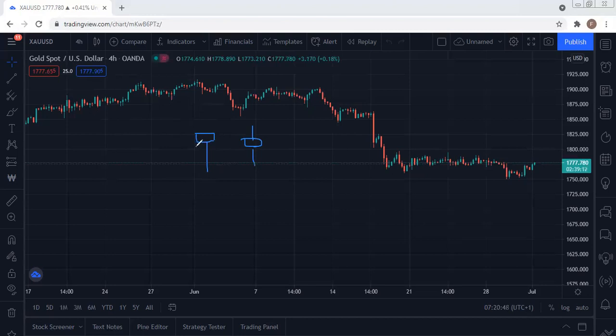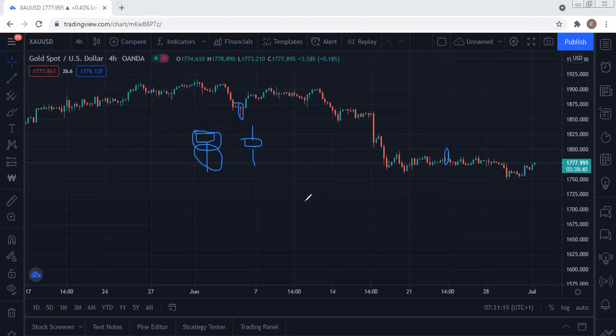So if you have this is a candlestick, this is another one. The size of the body to the size of the wick, that is the first condition. The direction of the body and the direction of the wick, that is the next condition. So all this candle actually, this is a reversal candle. Then this one, this is another reversal candle. So all these reversal candles is dependent on the size of the body to the wick, and the length of the wick to the body is very important.